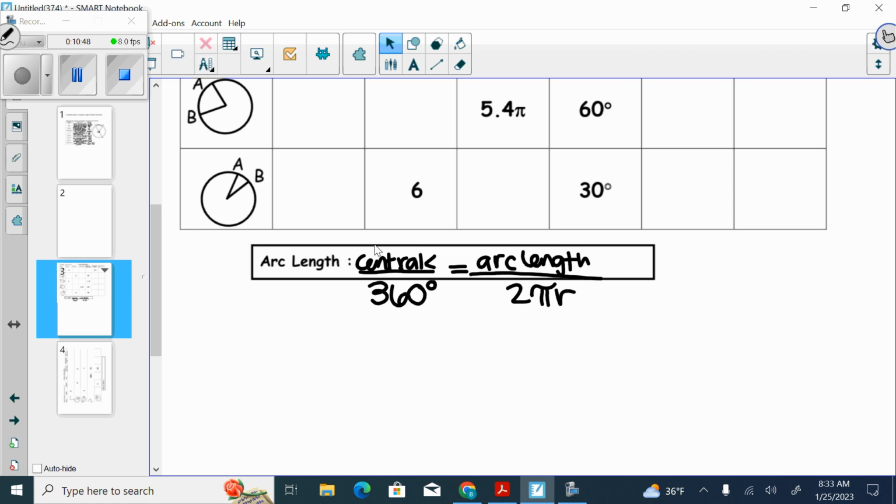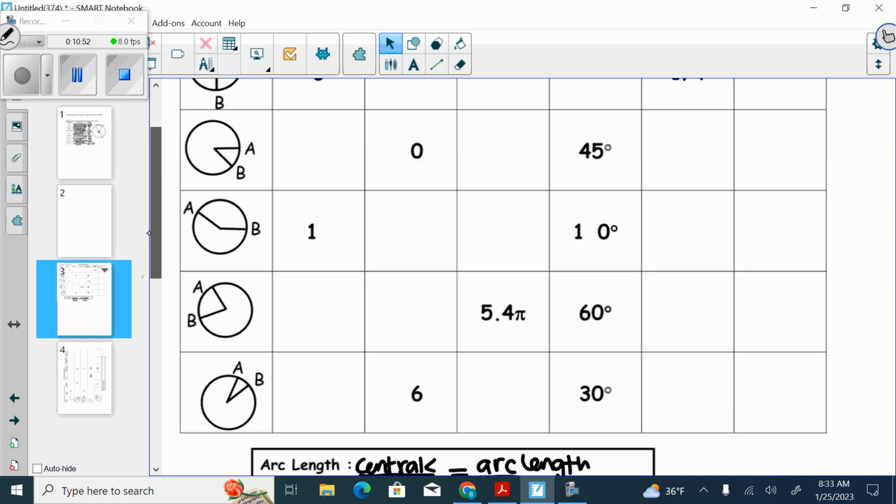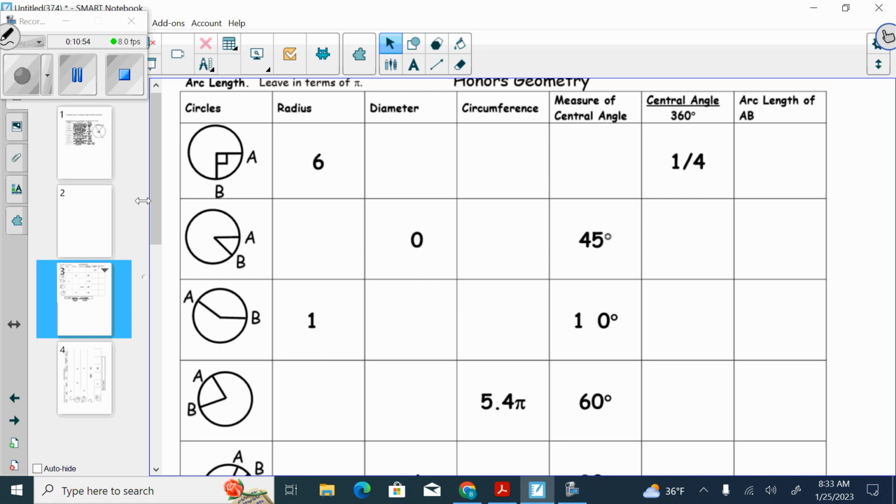So let's see here. On the first one, they give us that the radius is 6. So let's see if we can fill in that first row. If the radius is 6, what is the diameter? 12, right. 6 times 2, diameter must be 12. Then they ask for the circumference.